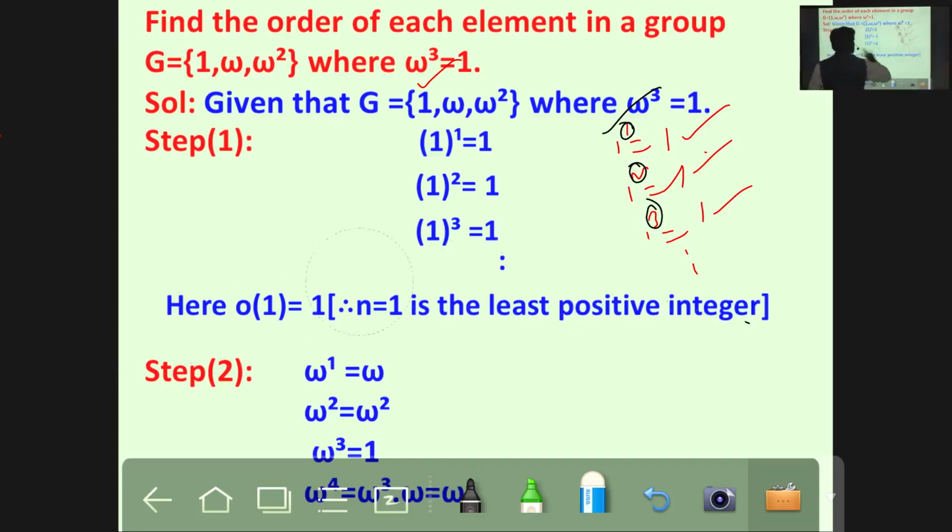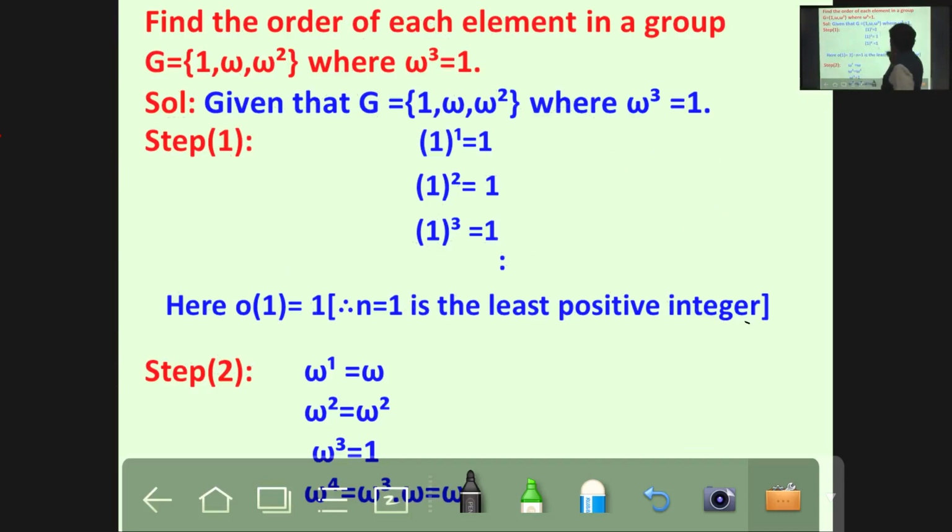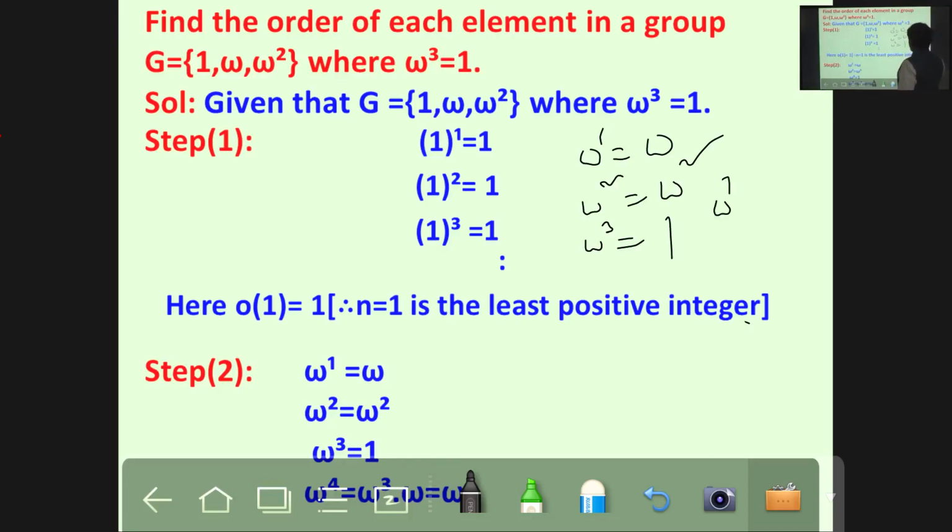Next element, omega. Omega power 1 is omega, omega square is as it is omega square, but omega cube is 1. What is omega power 4? Omega cube into omega, so 1 into omega.